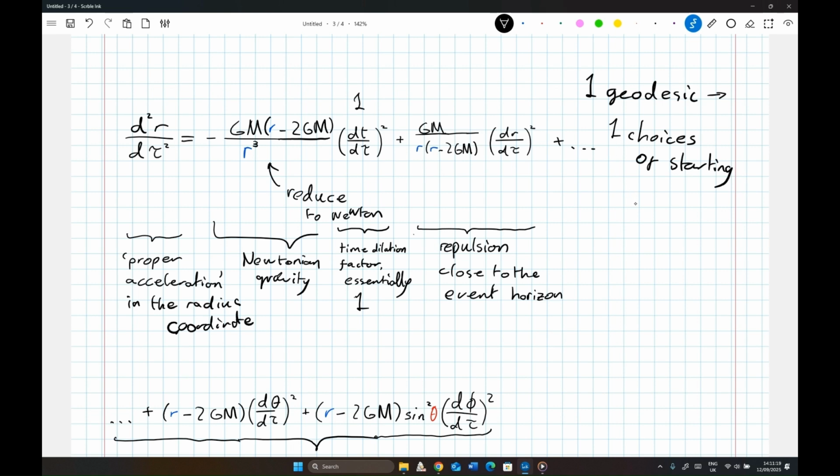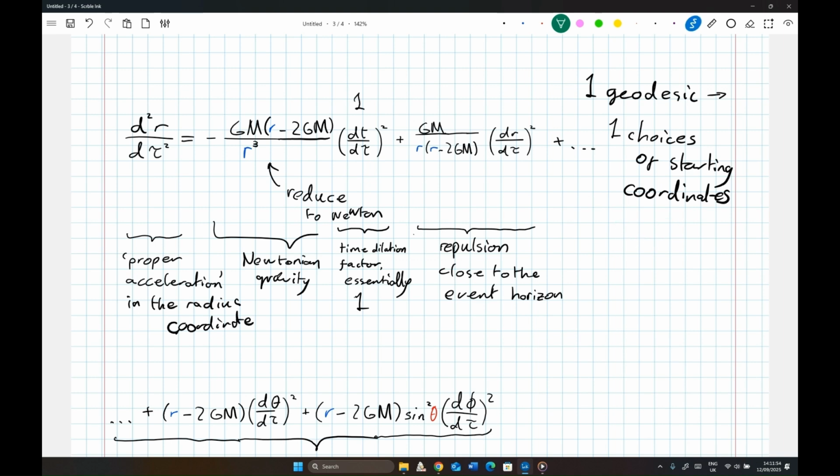Curvature is large scale, and you need multiple geodesics. You need multiple infalling objects to see it happening. If you do not have multiple geodesics on your surface that you are watching, you cannot say whether there's curvature or not because you cannot observe what they do with respect to each other. So one choice of starting coordinates would be taking one value of r and one value of theta.